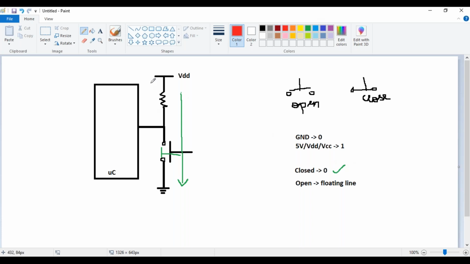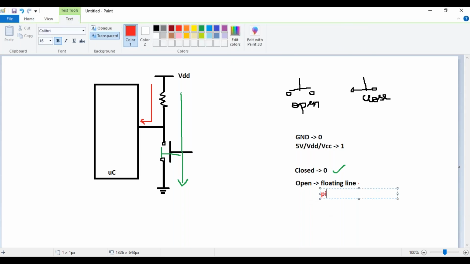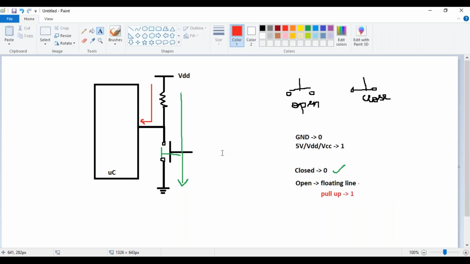And if the switch is open, current from VDD is flowing to the microcontroller, and you will be able to read a 1. So it is no more a floating line. Now you have added a pull-up circuit, so you are going to end up reading a 1 at the pin of the microcontroller. So this is an efficient output for the input you are going to provide. Understood?